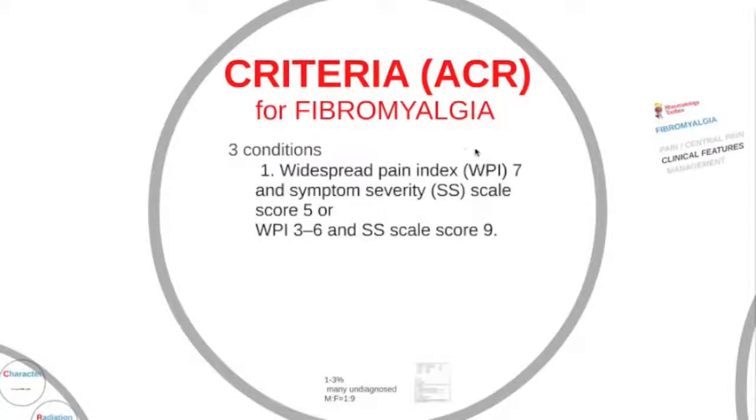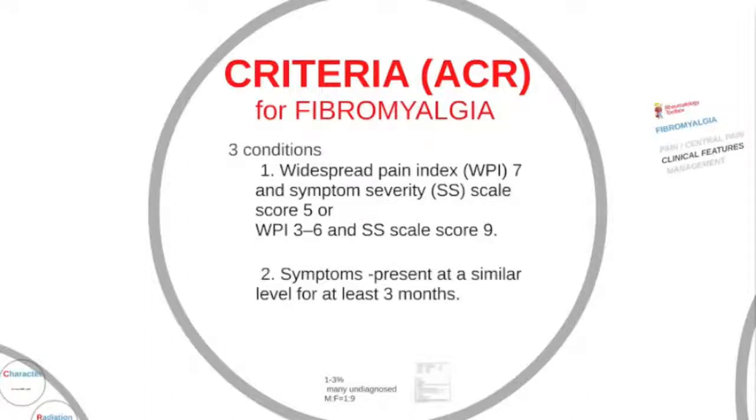Here you can see in the first one there's widespread pain, and it gives a score, and I'll look at the scoring mechanisms shortly. And then there's symptom severity, and again it's given a score from the scale, and it can be high pain, low symptom severity, or low pain, high symptom severity, and the cutoff will define most patients, not all, with fibromyalgia.